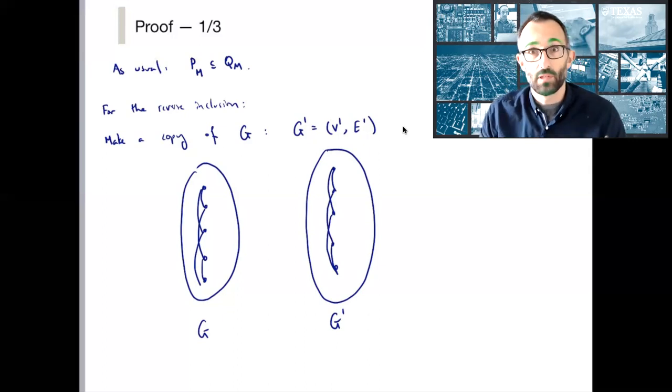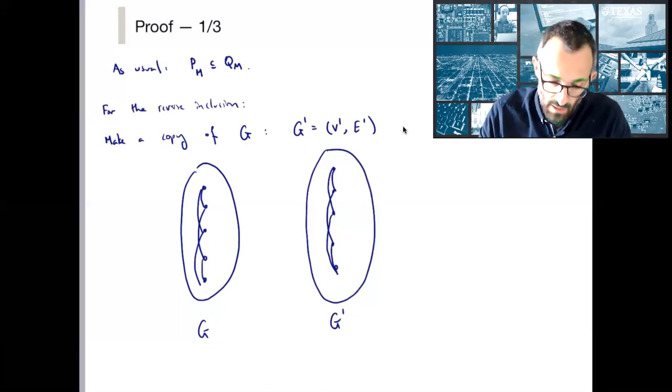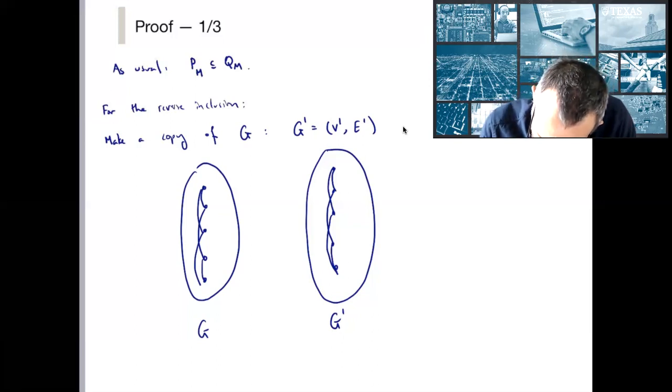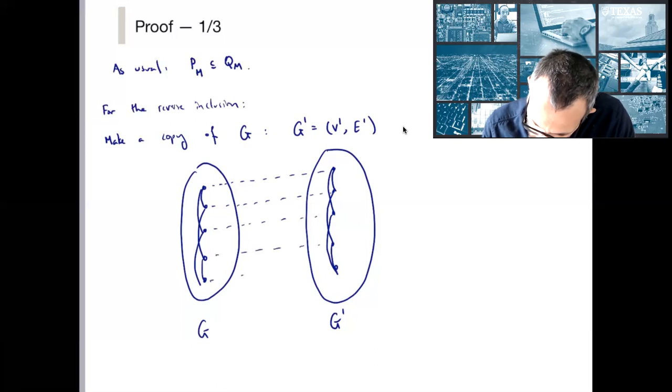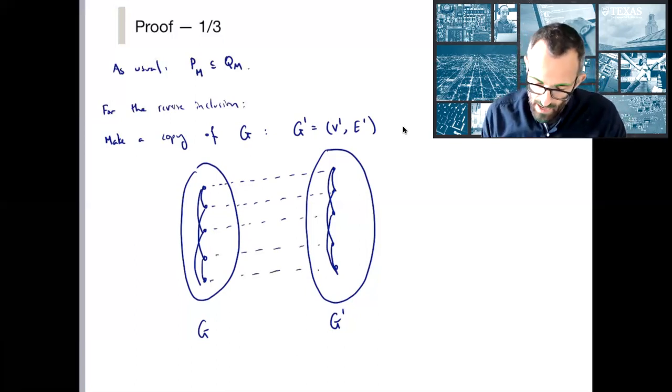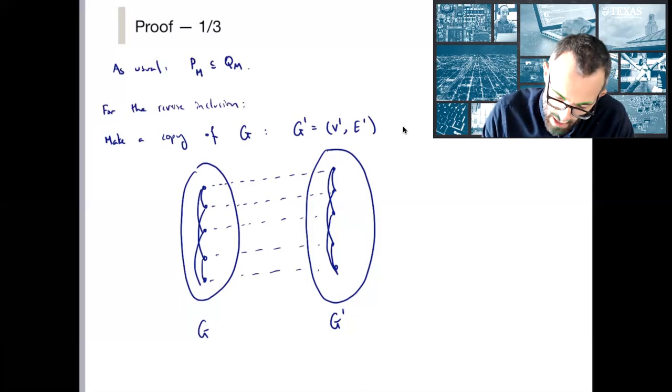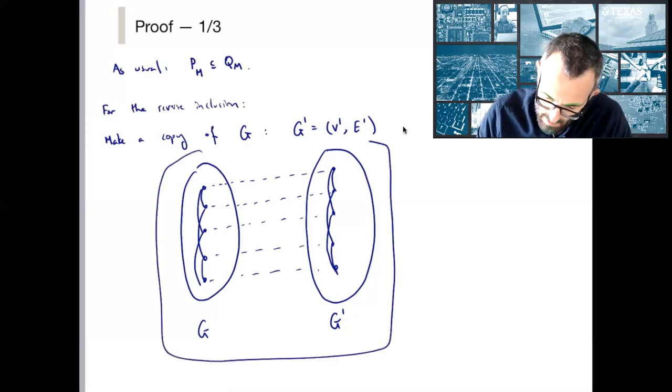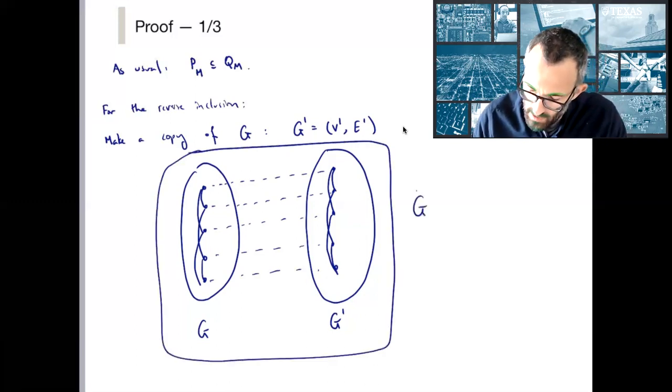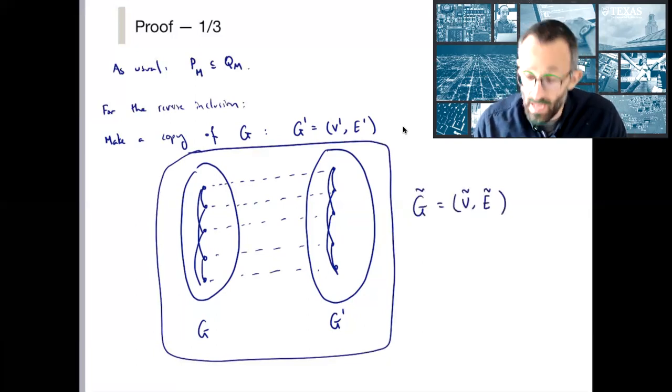I'm going to be considering the union of this, so all of the vertices and all of the edges, but I'm going to add additional edges. I'm going to add all of these edges across. And now this larger graph, I'm going to call G tilde with nodes V tilde and edges E tilde.